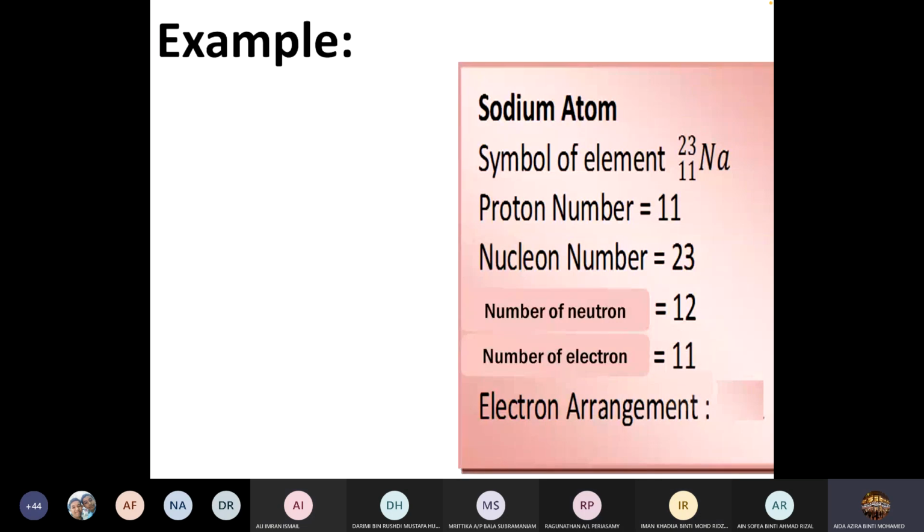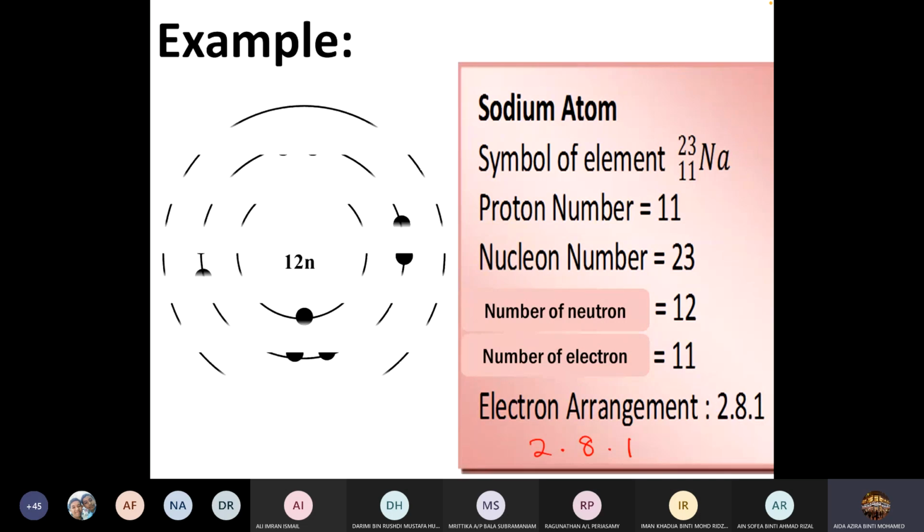Okay, good. So the electron arrangement for sodium atom: how many electrons in the first shell? 2. Second shell 8, and the third shell is 1. Perfect.